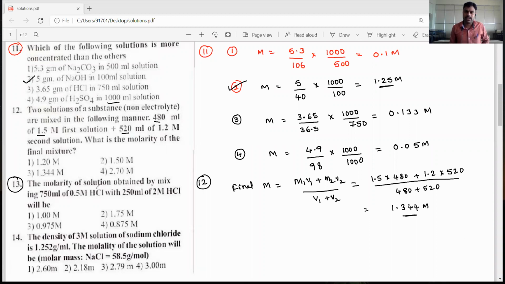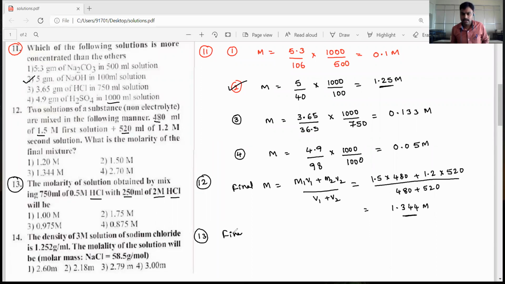Okay, let's see the 13th question, which is also the same model, dear students. We need to find the resultant molarity of the mixture. Here both solutions are HCl, but the first solution is 750 ml with 0.5 molar, and the second solution has a volume of 250 with 2 molar concentration. The final concentration we need to find out.